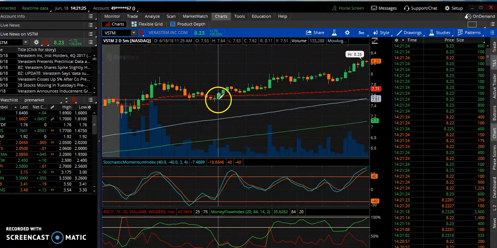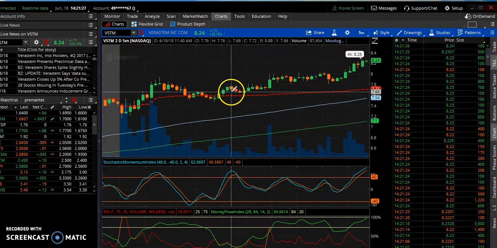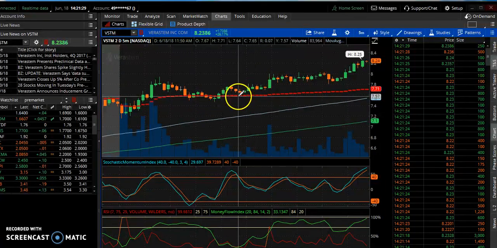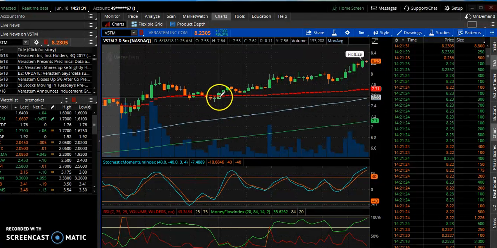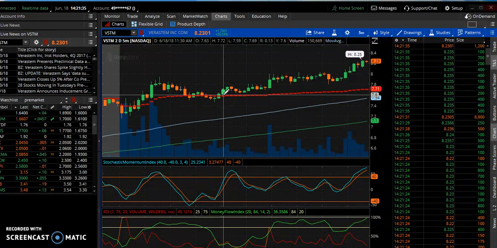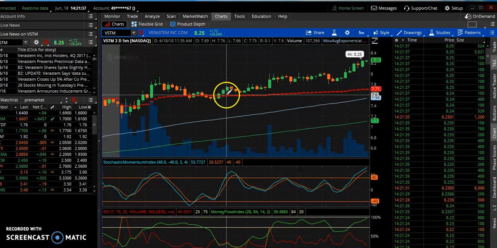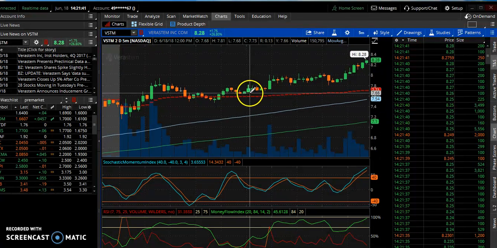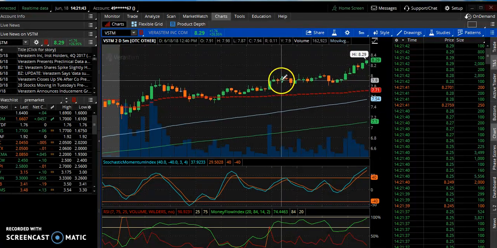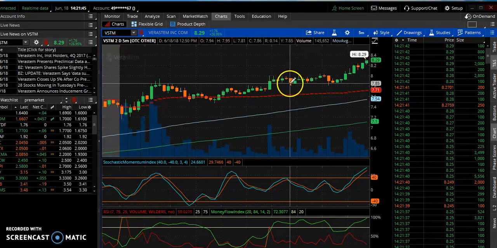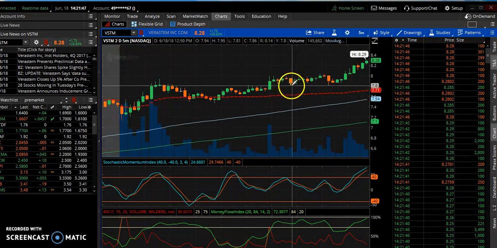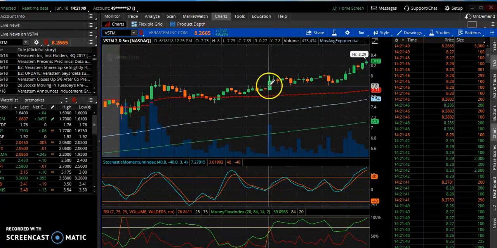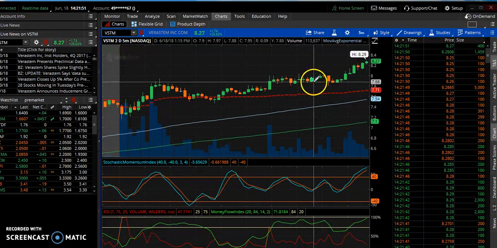We're seeing that the stock is making higher lows, higher lows. What I mean by higher lows is that the bottom of each candlestick is higher than the previous candlestick. Each single one is not going to be higher than the one previous, but most of them are moving higher and higher and higher.